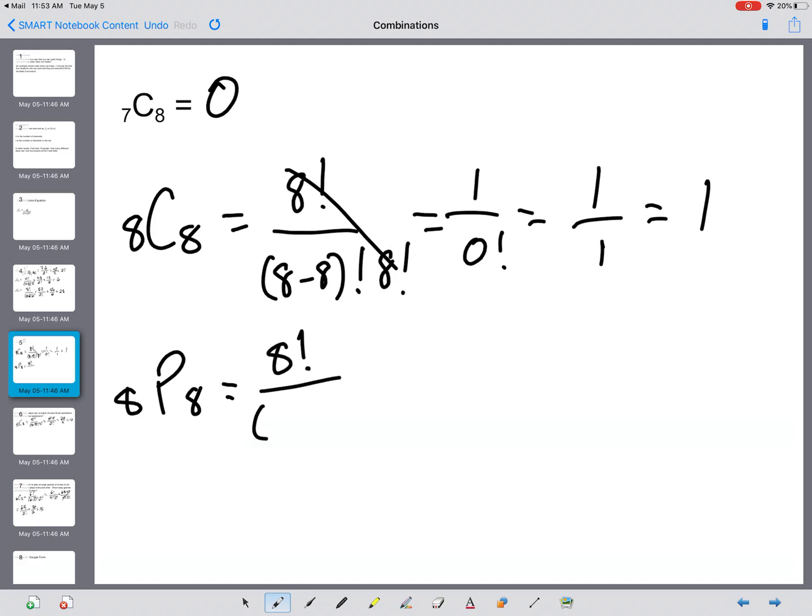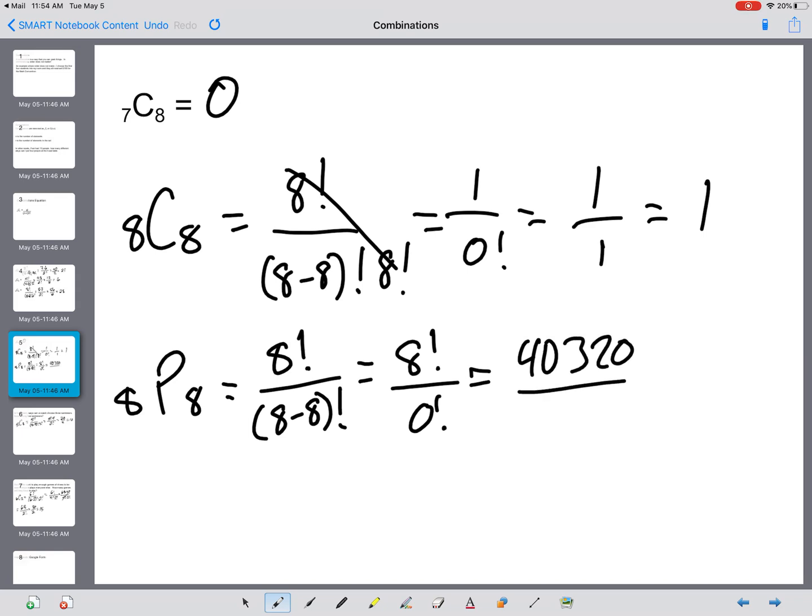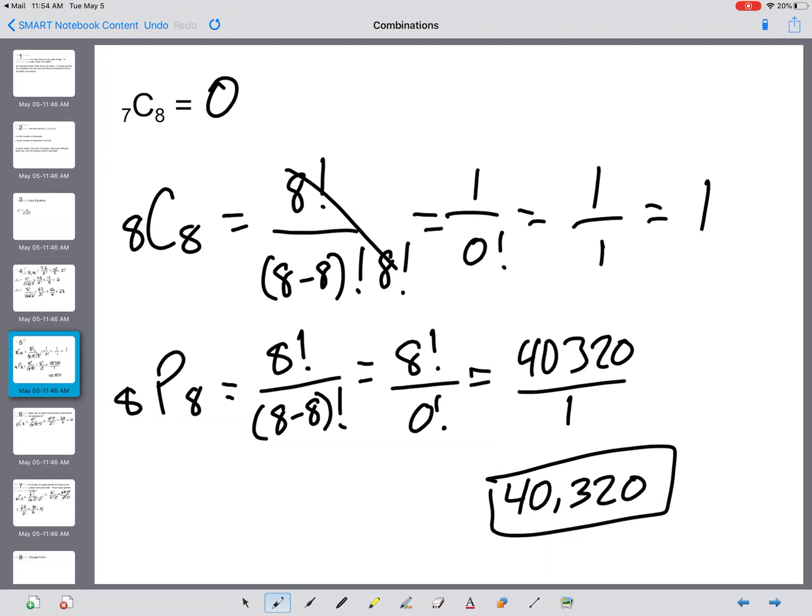So that's 8 factorial over 8 minus 8 factorial, which is 8 factorial over 0 factorial. I do 8 times 7 times 6 times 5 times 4 times 3 times 2 times 1, which gives me 40,320. 0 factorial is 1. So there's 40,320 different ways to have my friends sit in the seats 1 through 8.